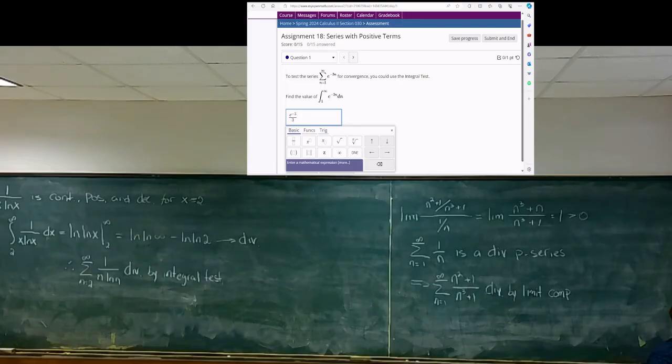Right, antiderivative e to the negative 3n. Negative a third e to the negative 3n. Right? U sub. Well, the limit of e to the negative 3n as n goes to infinity is 0. So you get minus, negative, positive, a third e to the minus 3. Based on that, does the series converge?